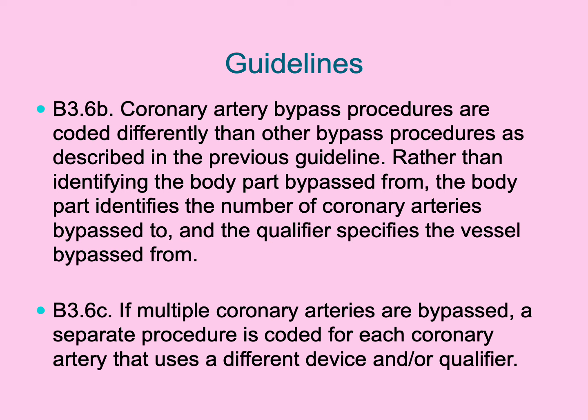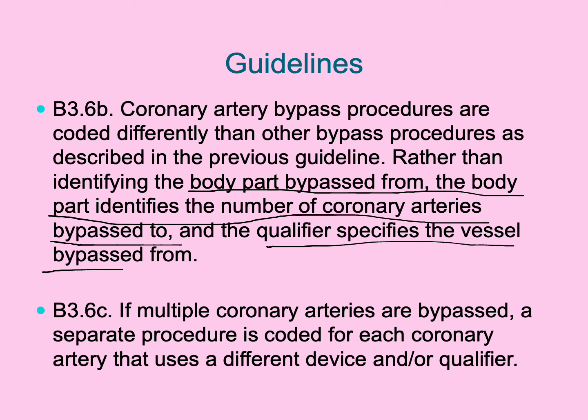Rather than identifying the body part value bypassed from, the body part value identifies the number of coronary arteries bypassed to, and the qualifier value specifies the vessel bypassed from. So it's opposite of the other one. Notice it talks about number of coronary arteries. We'll talk about that more later, but that's important.